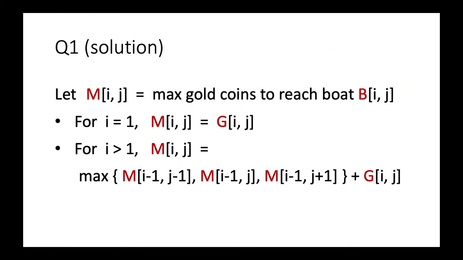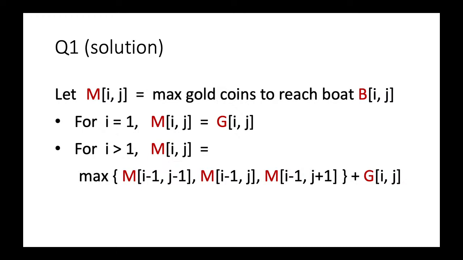We can solve it by something like this. Let us define Mij to be the maximum number of gold coins when the contestant can reach boat Bij. In that case, we will get the gold coins at the boat Bij together with the best way that he can reach before this boat Bij. Suppose that gold coins have no negative value, so all of them are positive.